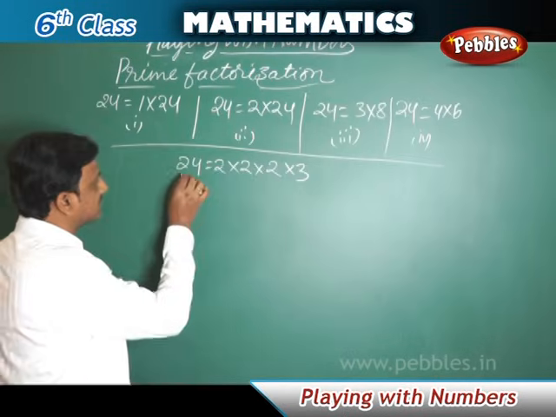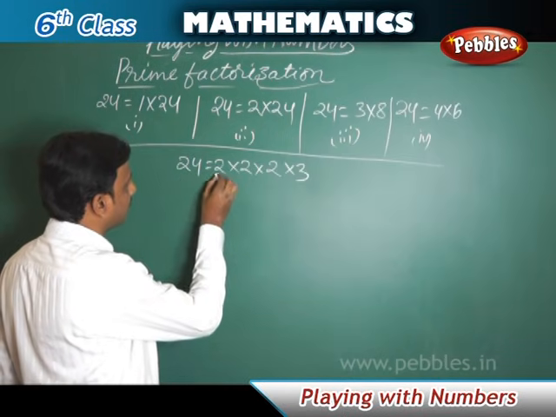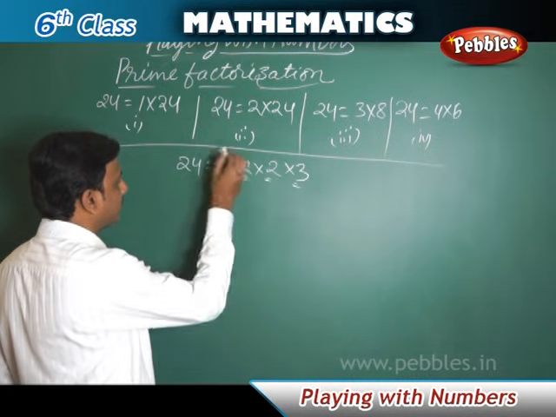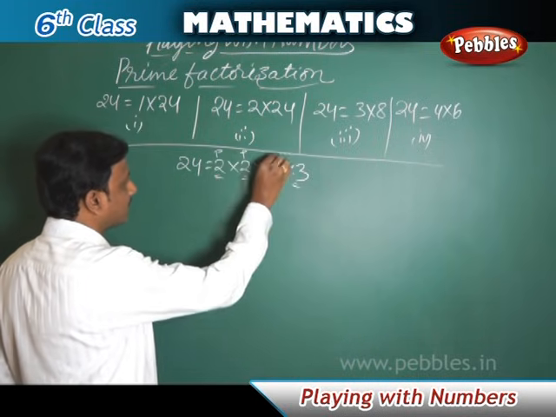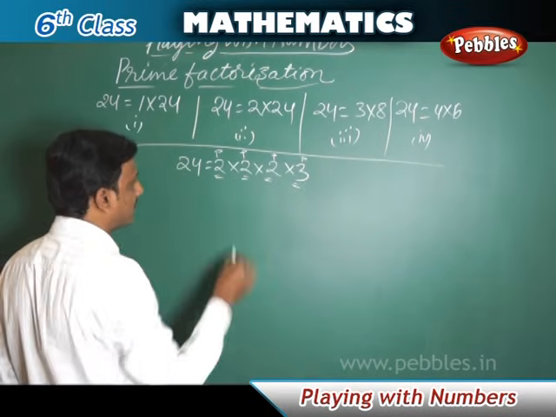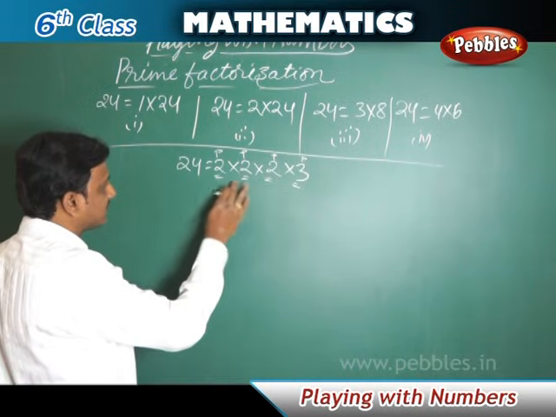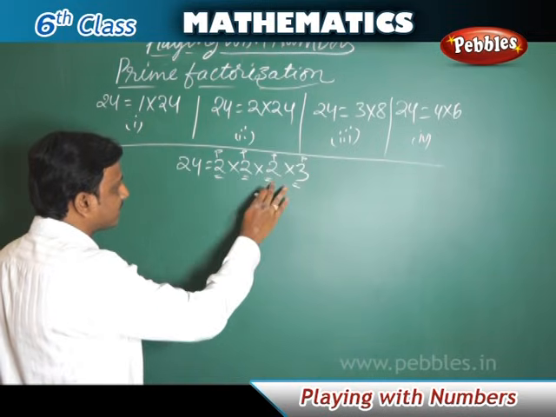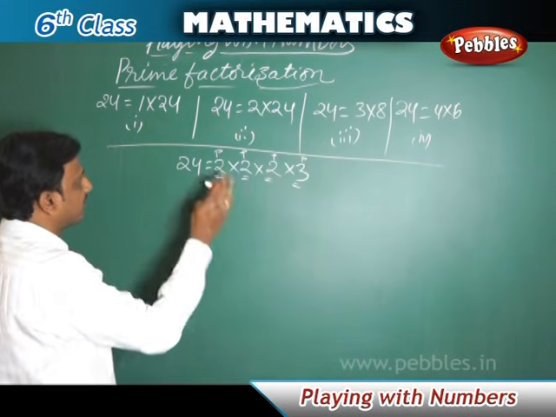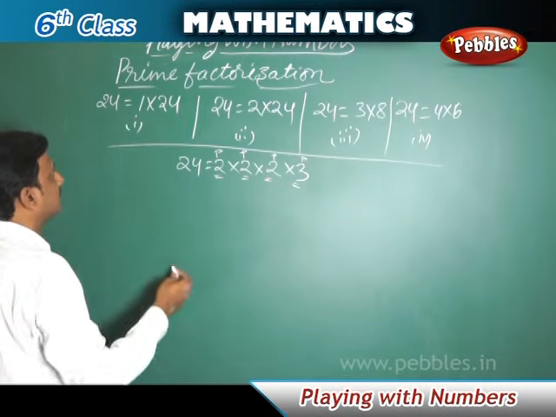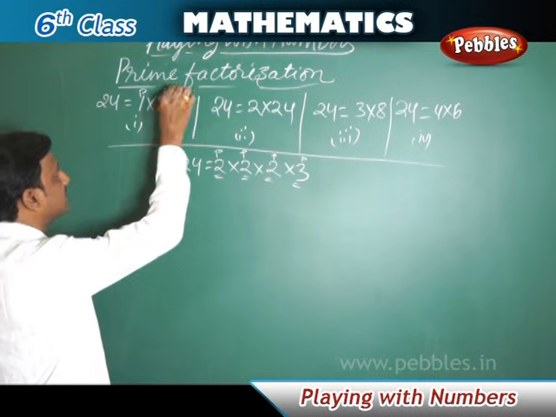But in this case, 24 is equal to 2 into 2 into 2 into 3. So 2 is a prime number, and this 2 is a prime number. This is a prime number. This is a prime number. So here, when 24 is factorized, all these factors are prime numbers. Whereas in other cases, some are prime and some are composite. So this is a prime number, this is a composite.